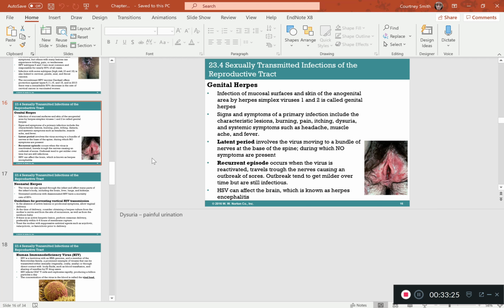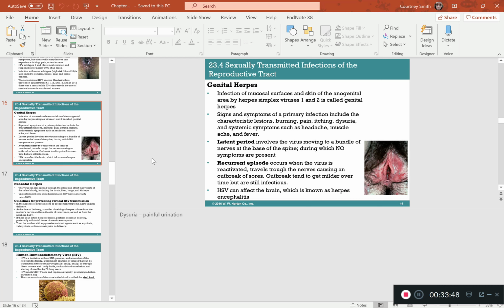That phase is called the asymptomatic shedding. So all the infected skin in that area still has virions or viral progeny, essentially, that can still be transmitted to a partner. So it's always good to advise your patient to not have sexual activity during an outbreak, and then also 10 days after signs and symptoms have resolved.